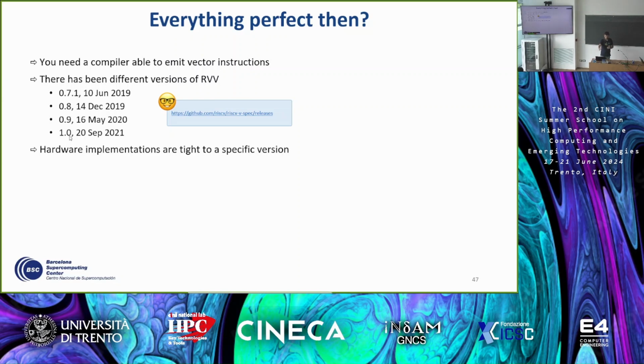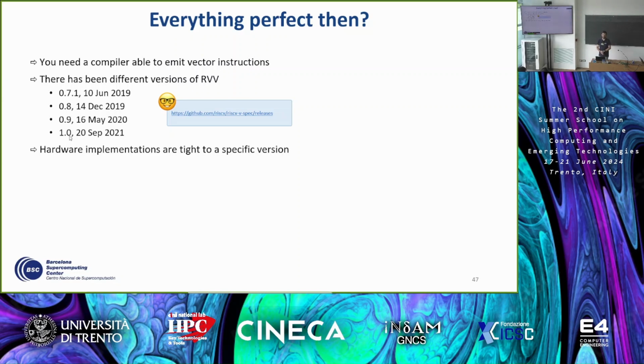The committee behind it decided, okay, this is really the vector extension we want. We stay with 1.0. So if we build now with 1.0, we are probably building on top of something stable.